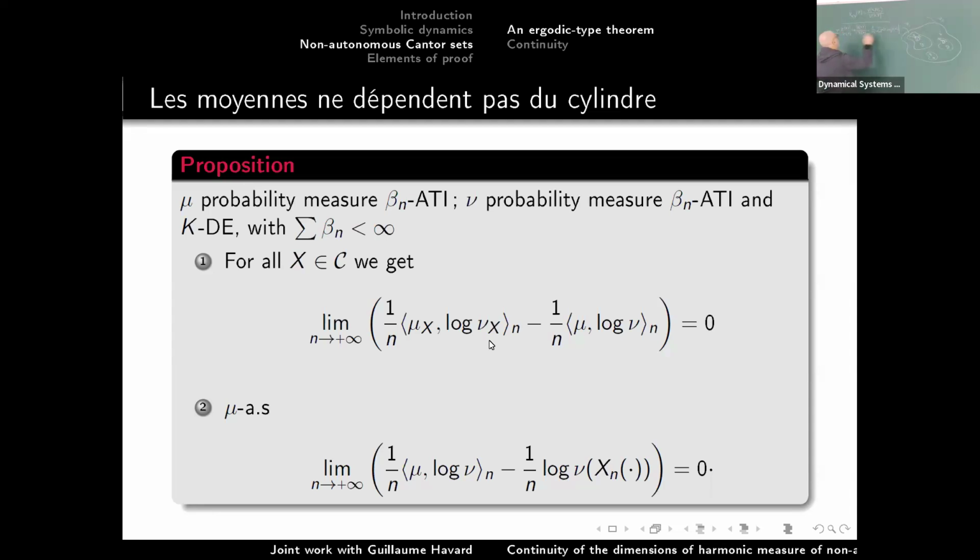So on the right, minus 1 over n, sum of mu of y, log mu of y. No, I didn't change anything, I just put it in place.